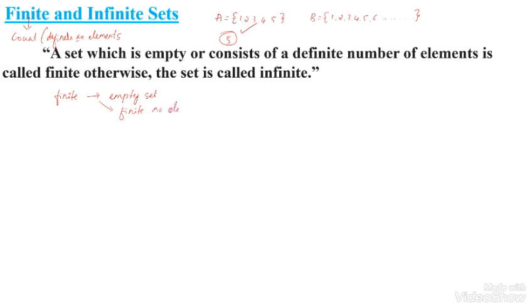Otherwise, it is an infinite set. So we can infer another concept here: the empty set is also a finite set. According to the definition of a finite set, the set may be empty or contain a finite number of elements.